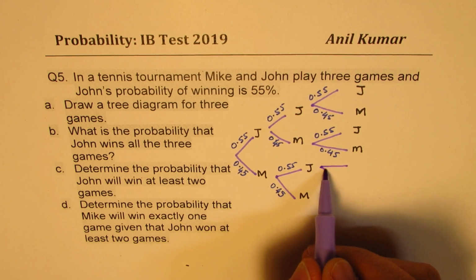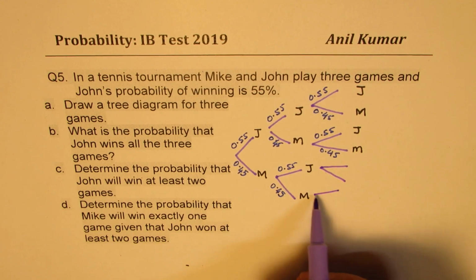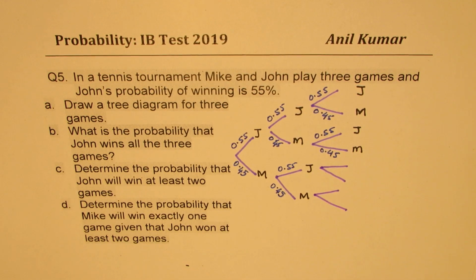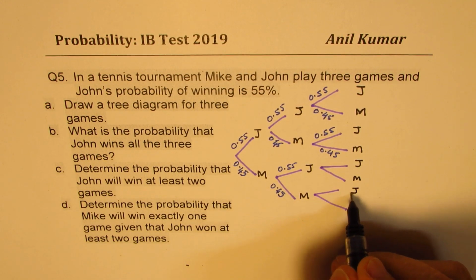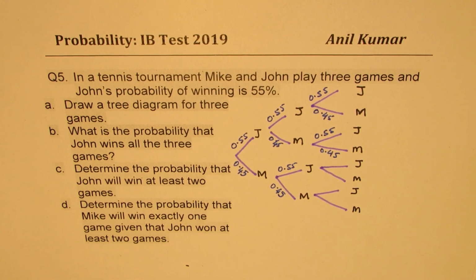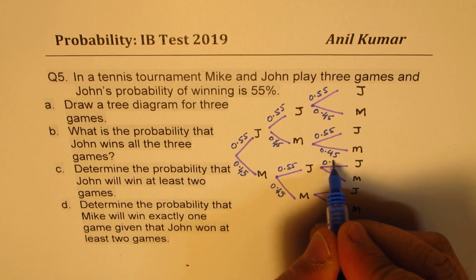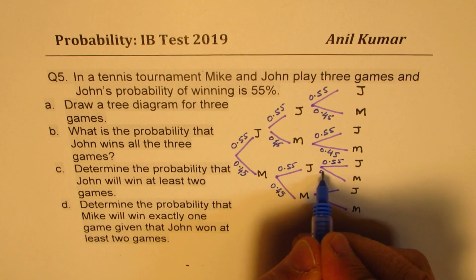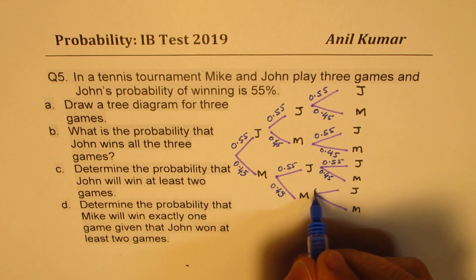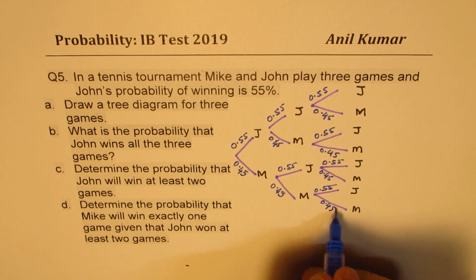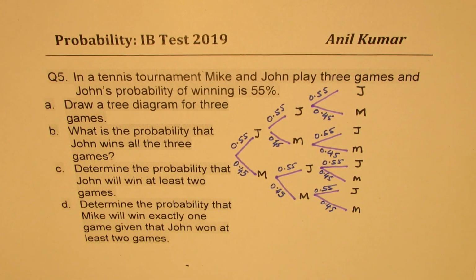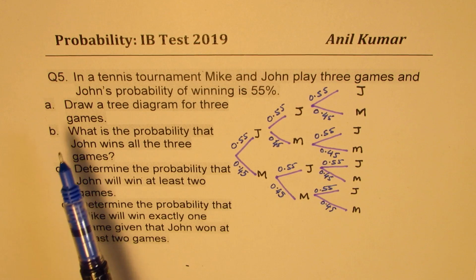That could be John and Mike, John and Mike. So that becomes the tree diagram. Perfect. Now let's answer the questions.